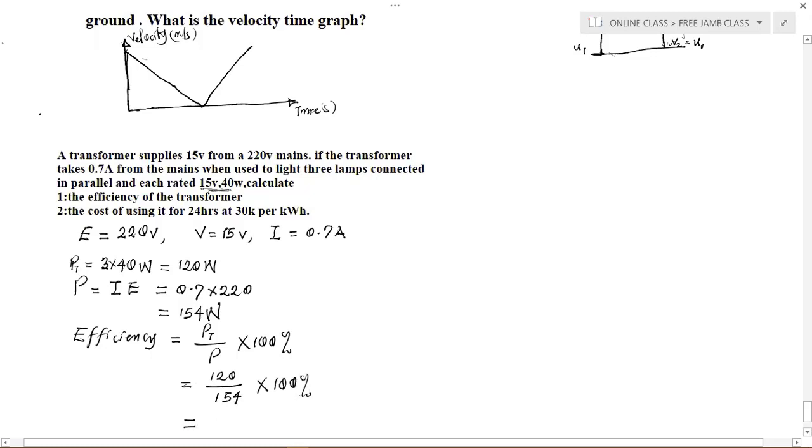Who has computed that? Who has done that? 77.92. 77.92%. So that is on that one.